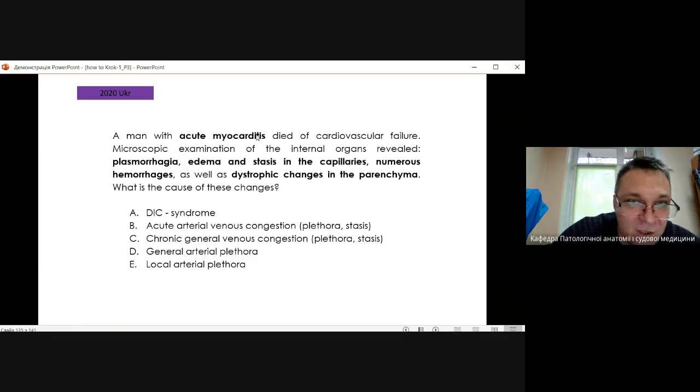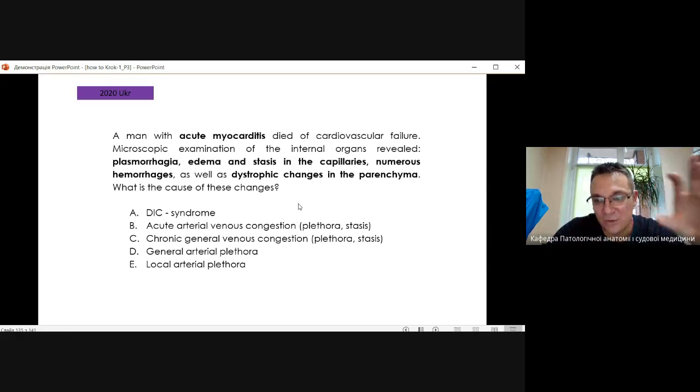So the most important thing is the acute left ventricle insufficiency, which leads, you see, that's an acute process, not chronic. As a result, we are dealing with acute general venous congestion. That's the correct answer here.